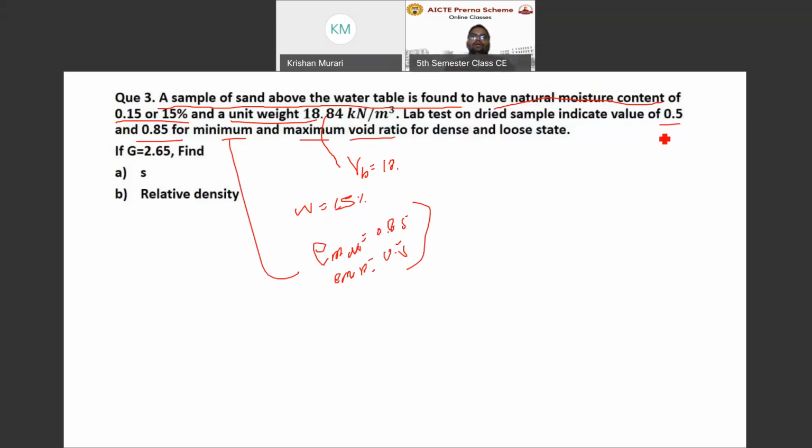So you also know that if the void ratio is minimum, that means the soil is in dense condition. If the void ratio is maximum, that means the soil is in loose state. And G equals 2.65. Then find the value of saturation, and second is relative density. So you have to think about which formula we put these values in and find the unit weight.